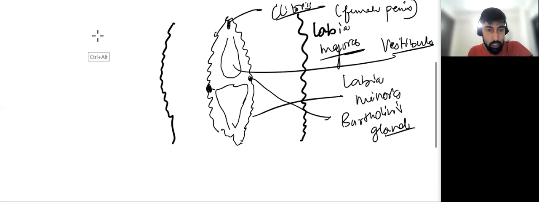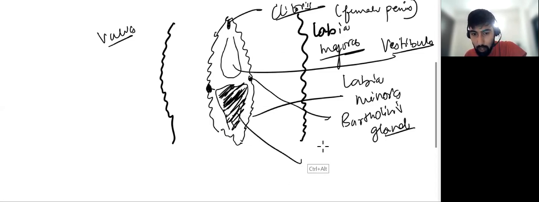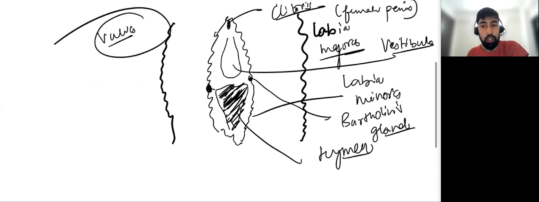And this external genitalia is called the vulva. Then this part of the genital system is covered with the hymen, right? Okay, fine. So that is the structure of the female reproductive system, or the external genitalia.